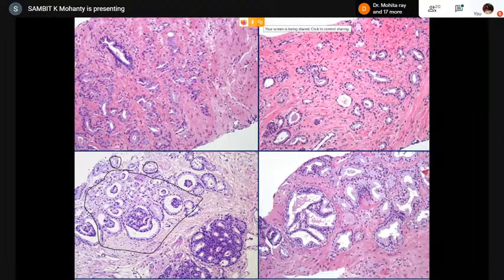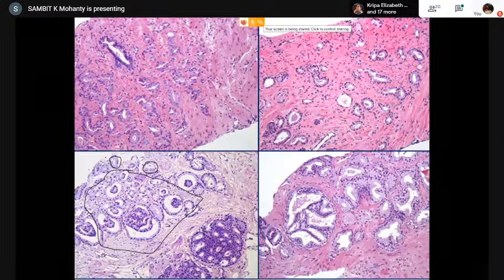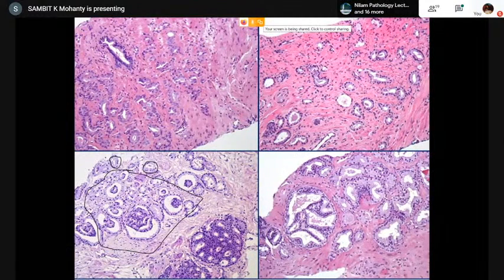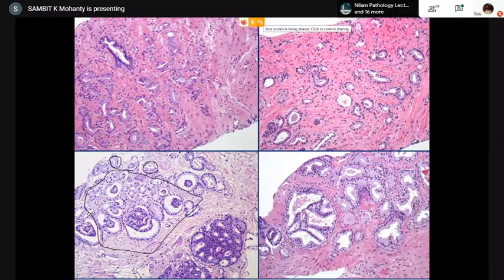As pathologists, we cannot afford to miss Gleason pattern 4 in a needle core biopsy, because that is going to dictate the subsequent management. And if you're saying 3 plus 4 versus 4 plus 3, there is a hell of a lot of difference. I'll discuss that in the next few slides.